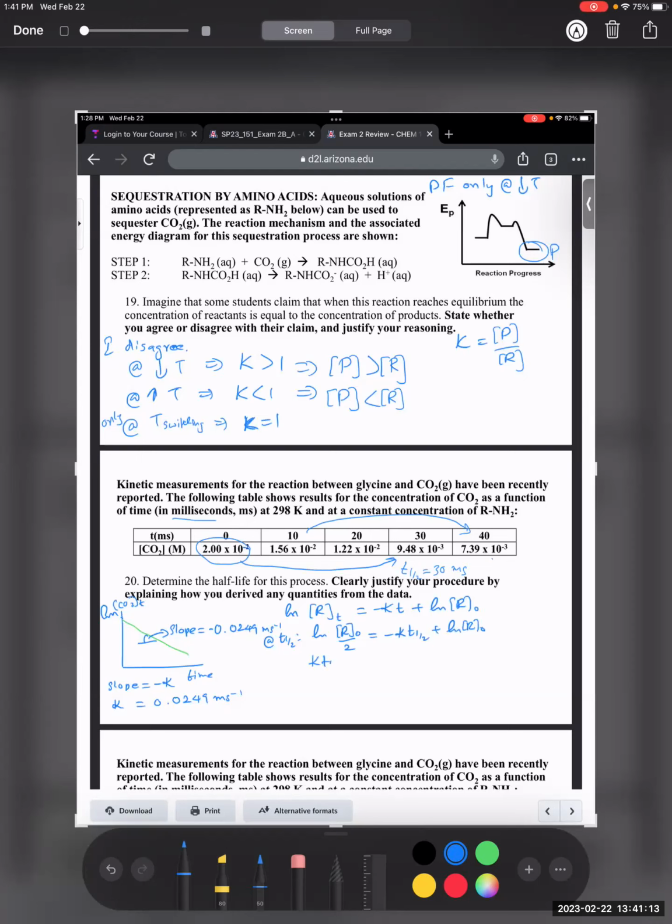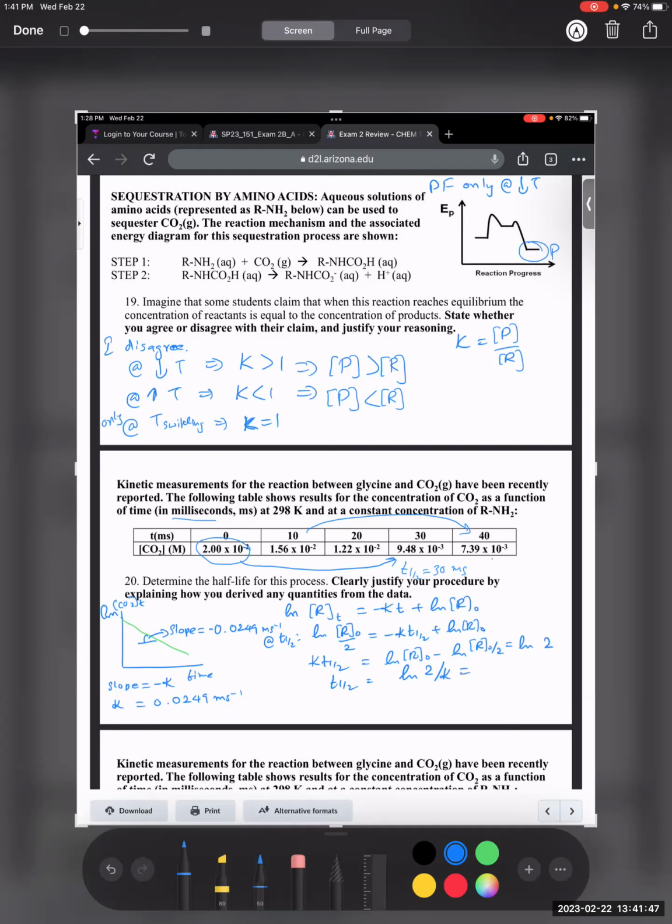Therefore, kT half is equal to ln initial concentration minus natural log of half of the initial concentration, which is going to be natural log of 2, right? R naught divided by R naught over 2 is natural log of 2. Therefore, T half is natural log of 2 divided by the rate constant.